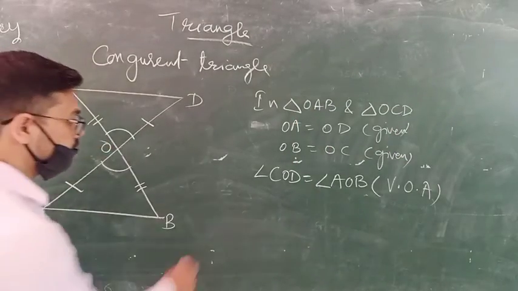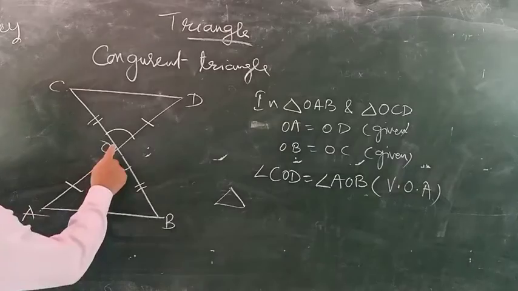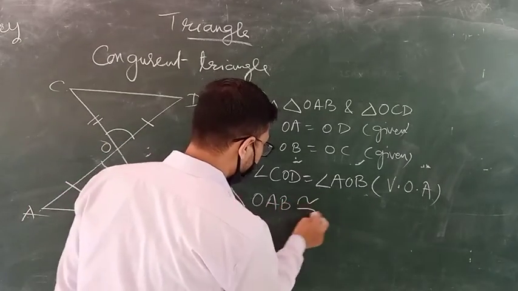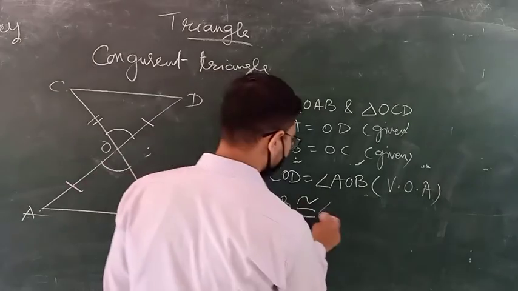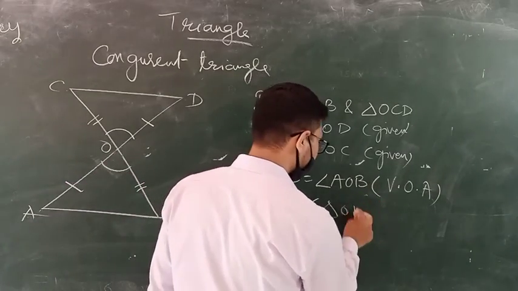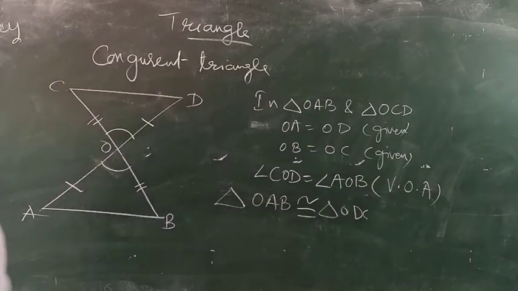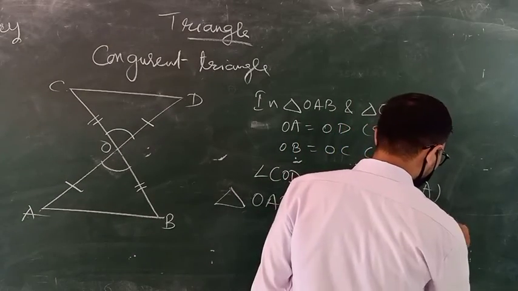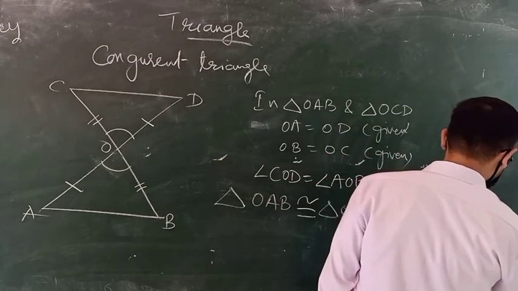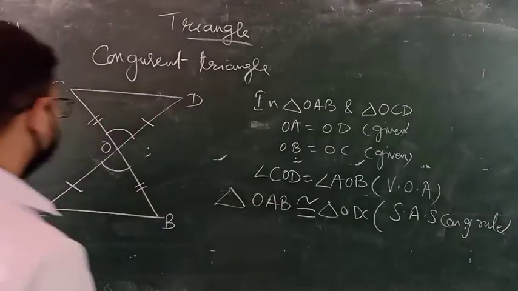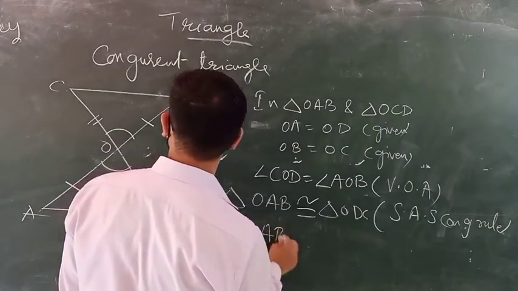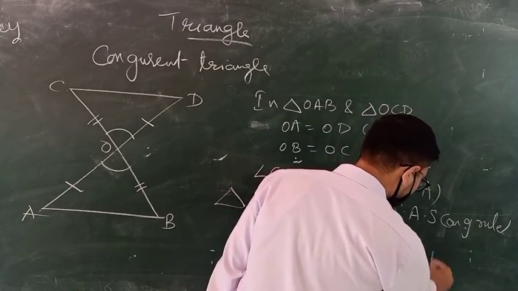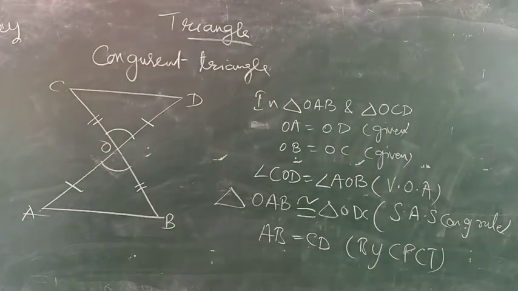Now you can write triangle OAB is similar and equal to ODC. Side angle side congruency rule. Okay, so you can write AB is equal to CD by CPCT. Okay, this is all for the day.